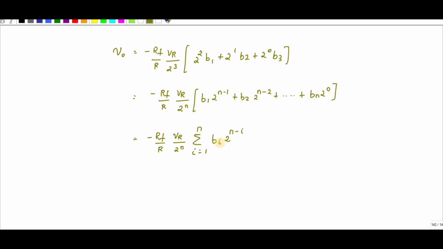So if I equate n to 3, this is 3, right?